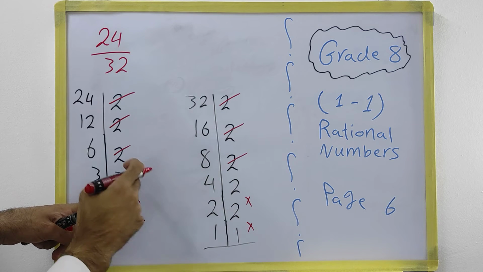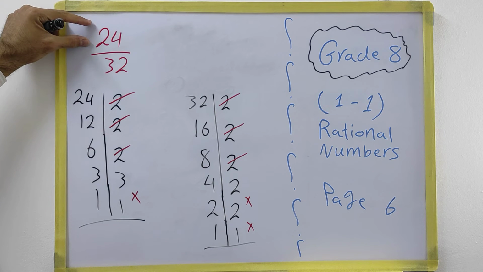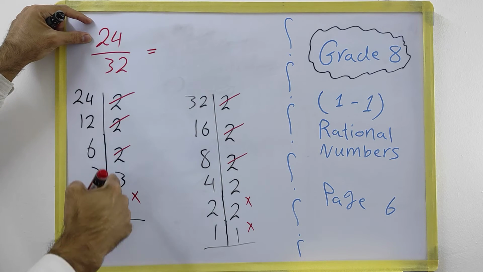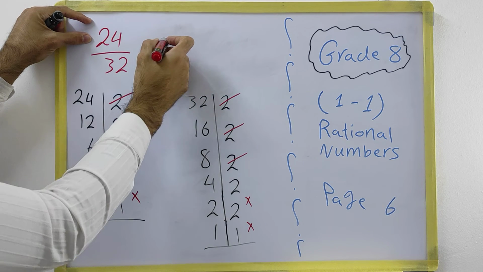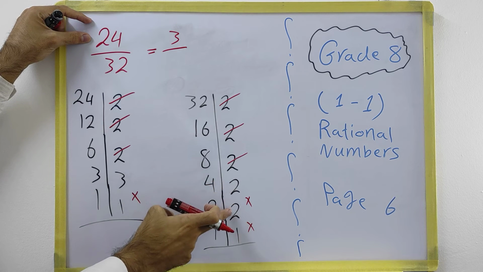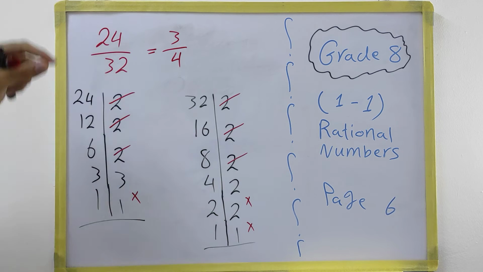From the numerator, what's the remaining? 3 multiply 1. In the denominator we have 2 multiply 2 multiply 1, which is 4. This is how we could simplify 24 over 32, which equals 3 over 4. That's it.